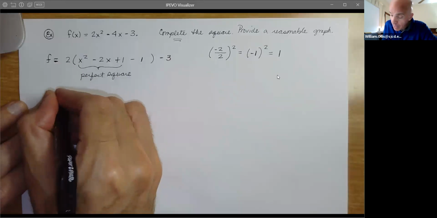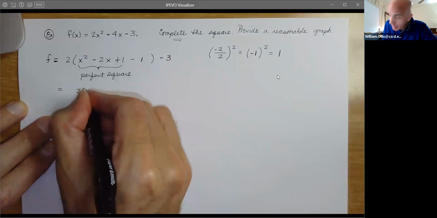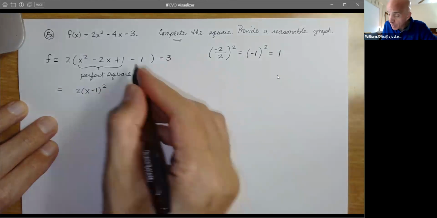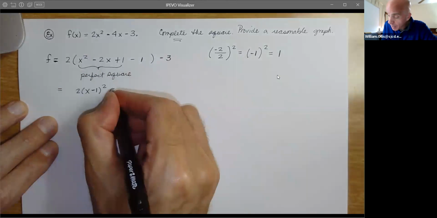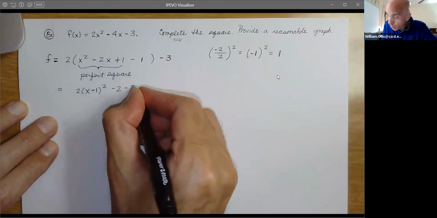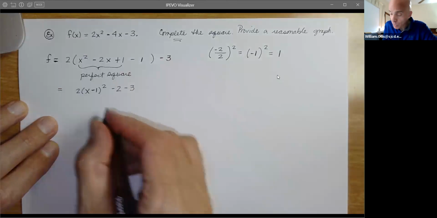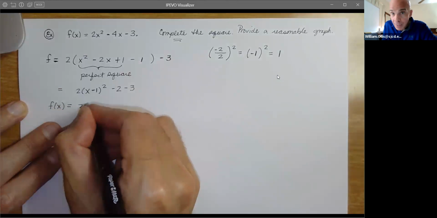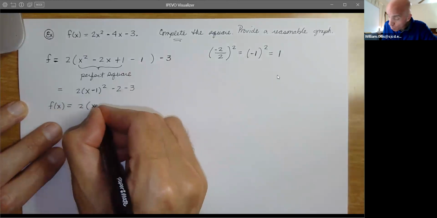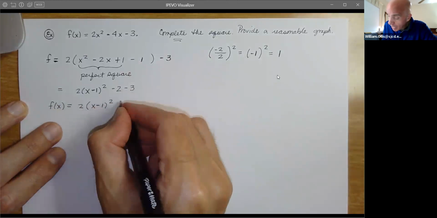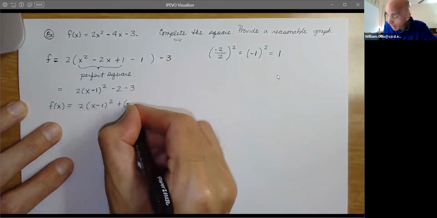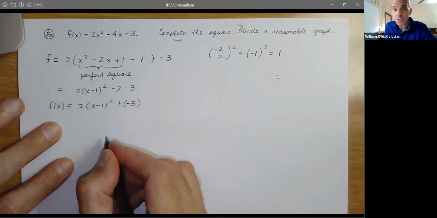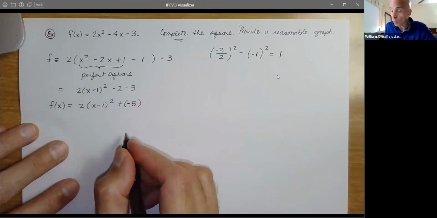So now we have 2 times x minus 1 quantity squared. And then, of course, 2 times the -1 gives us the -2 minus the 3. That's just been hanging out. So now f of x is 2 times x minus 1 quantity squared, and I'm going to say plus a -5 just to utilize the symbols I did on the second standard form.